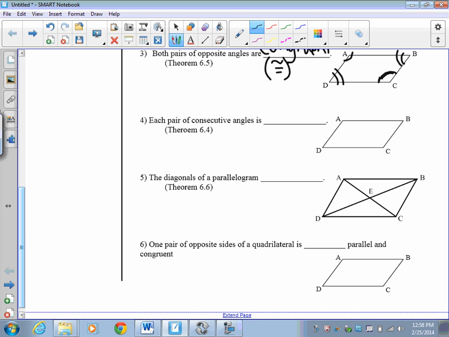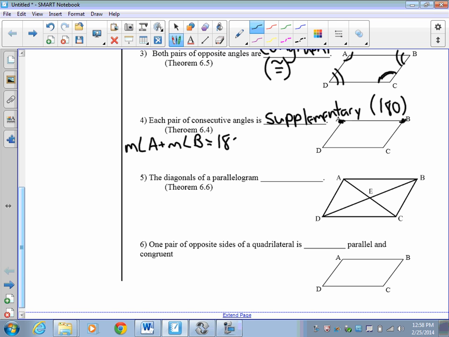Each pair of consecutive angles is supplementary. Remember, that meant they add up to 180. So the measure of angle A plus the measure of angle B. These are consecutive angles because they are next to each other. A and B are to the right and left of each other. That's equal to 180 degrees.